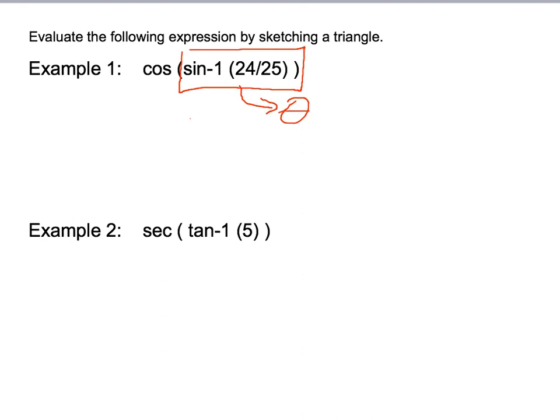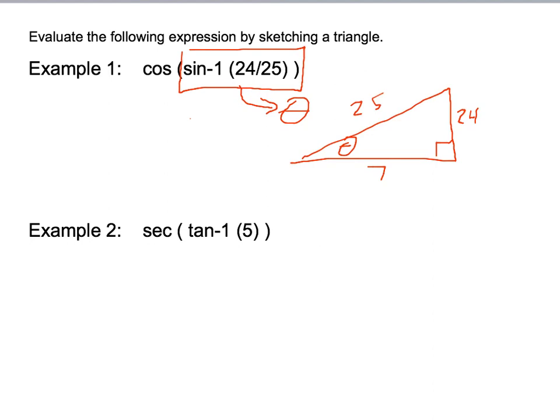Any inverse trig functions, they find angles. And so if we go and draw our triangle here, let's call this angle theta. We have a right triangle. And so since the inverse sine of that angle is 24/25, that tells me that the side opposite is 24 and the hypotenuse of this right triangle is 25. And if I use my Pythagorean theorem, I could show that this side is 7.